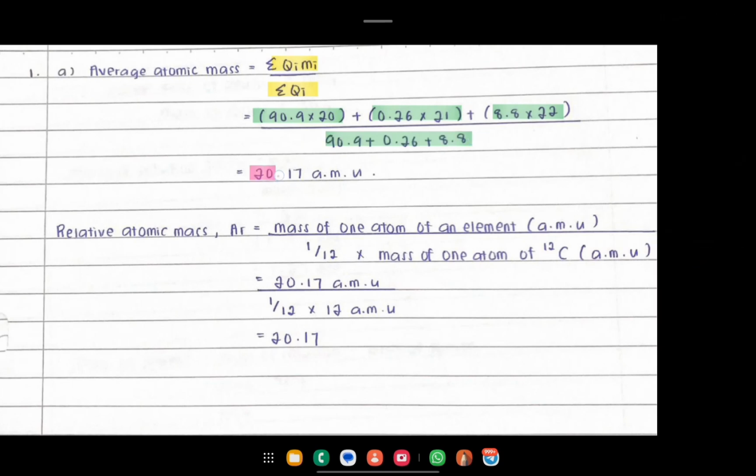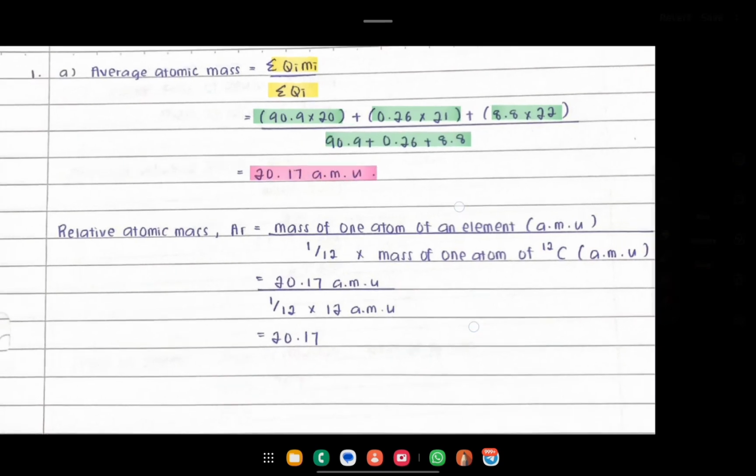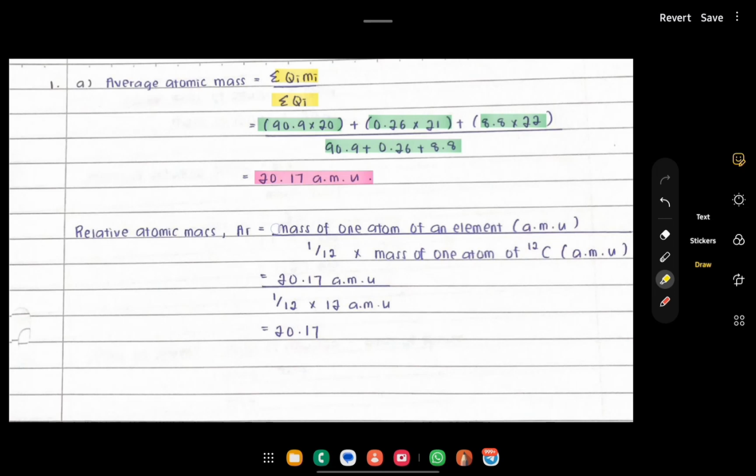Then we got the answer 20.17 amu. Then we substitute 20.17 into the relative atomic mass formula. The unit can be cancelled off, so the final answer is 20.17.